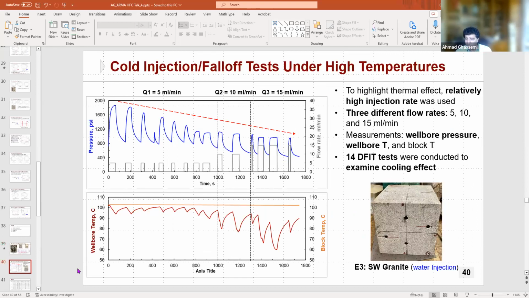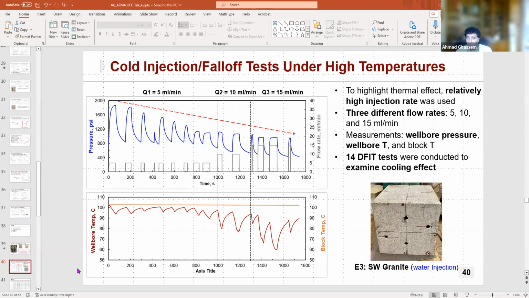Sharing with you here the results for the Sierra White granite, we realized, as you would expect, that if we don't increase our injection rate, the cooling level is insignificant, particularly for this case of low permeability Sierra White granite. So we increased our injection rates, from 5 milliliters to 15 milliliters per minute, to be able to see a higher level of cooling.